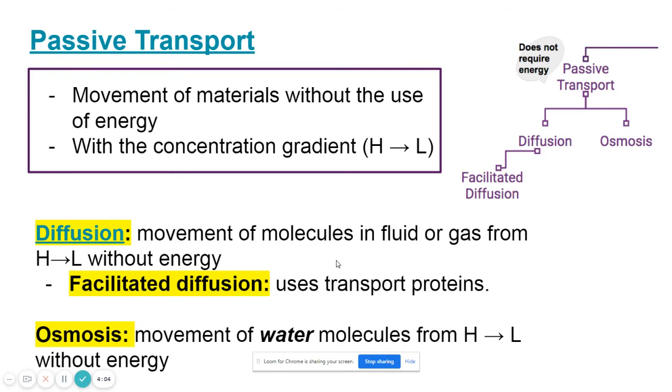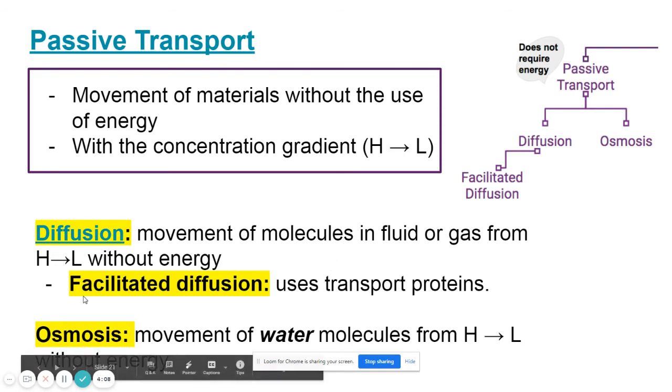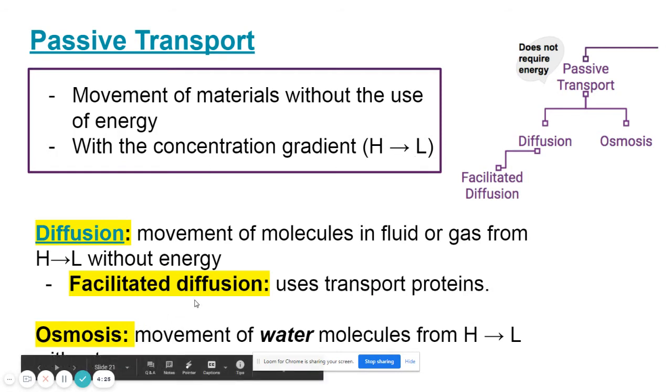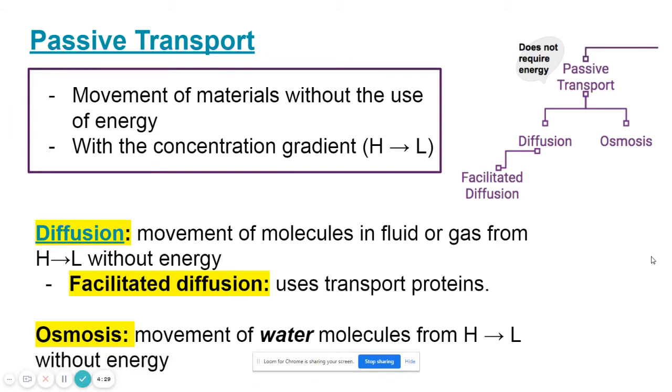On the other hand, if a molecule is large or polar, it will use facilitated diffusion. Okay, so it will need to use these specialized transport proteins or protein channels to help the particle move in and out of the cell with the concentration gradient. Again, we are not using any energy. Now, if this particle is a water particle, then it will move via a different mechanism known as osmosis.